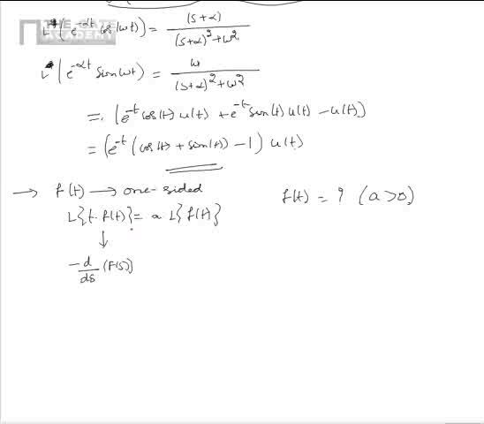where F of s is the Laplace transform of f of t. So from this we can reduce the given equation as minus d by ds of F of s equal to a into F of s, which can further be simplified as d by ds of F of s plus a into F of s is equal to 0.